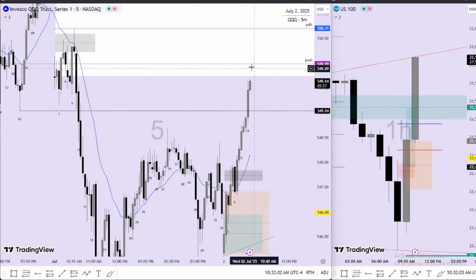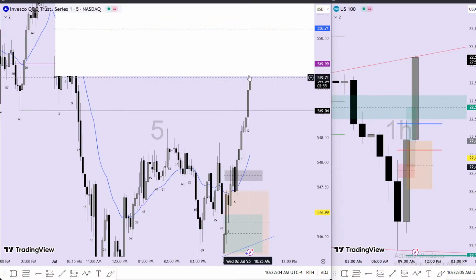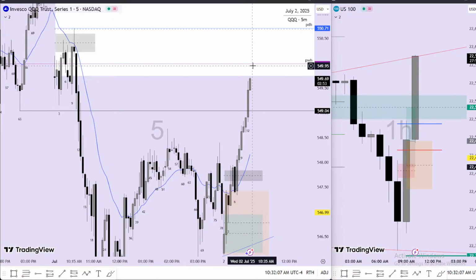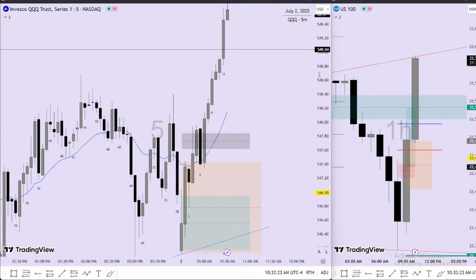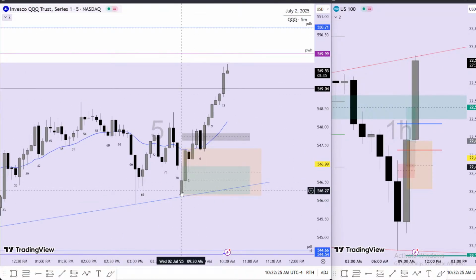If the price comes to this level, moves below the previous candle low, or moves sideways for some bars, makes a lower low, for that to initiate it needs a closing below the previous candle's low. And we have never gotten that since the beginning of this session. We closed above, closed, closed, closed.